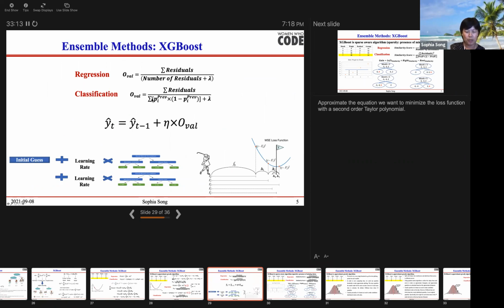Then for the current model, we use the previous model plus the learning rate times the output here. So we use the learning rate times the sum of residuals, divided by the number of residuals, plus the lambda term. This is the general idea of how XGBoost works.